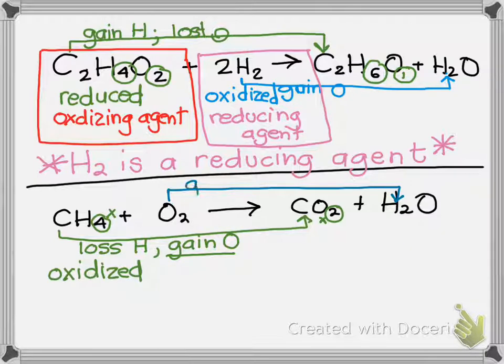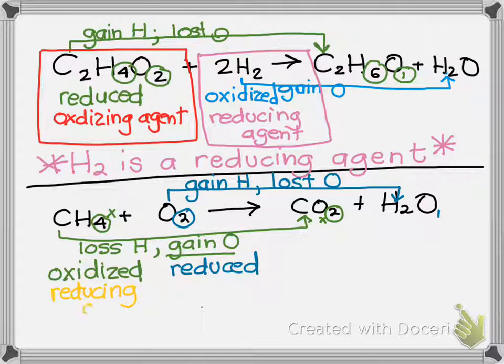So looking over here, this one has gained hydrogen, and it's gone from 2 oxygens down to 1, so it's lost oxygen. So the losing of oxygen means the oxygen is reduced. So when I go back, if this is oxidized, it is the reducing agent. So methane in this combustion reaction is oxidized, and it's a reducing agent. And the oxygen is reduced, and it's an oxidizing agent.